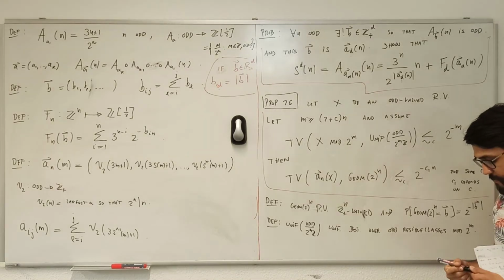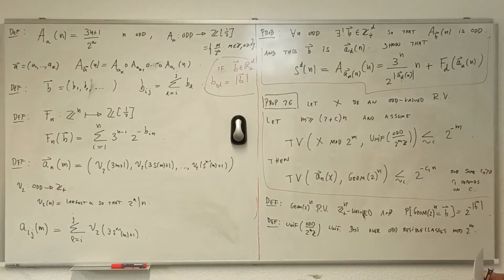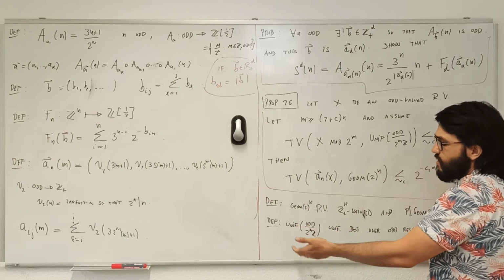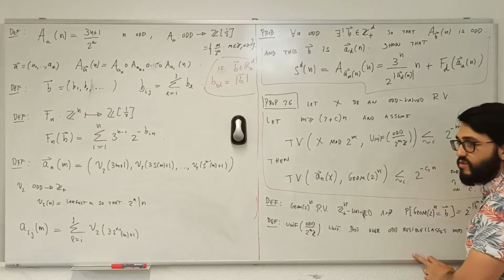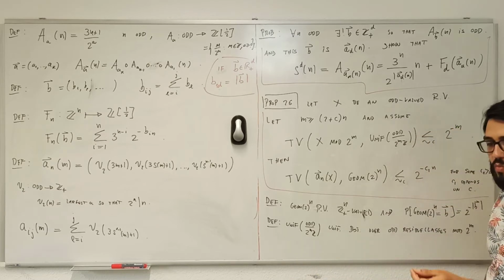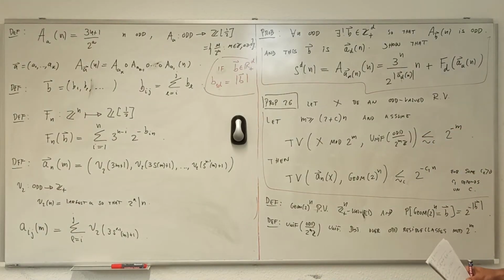Okay. So basically, you can just think of the numbers 1 to 2 to the m, and the weight you put on any of these numbers is just 1 over 2 to the m.